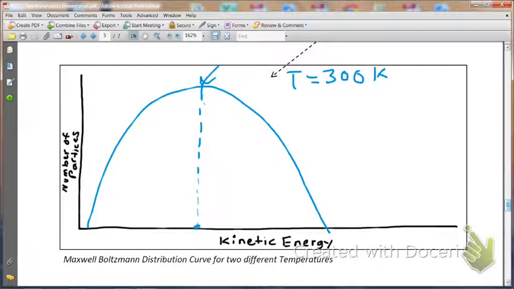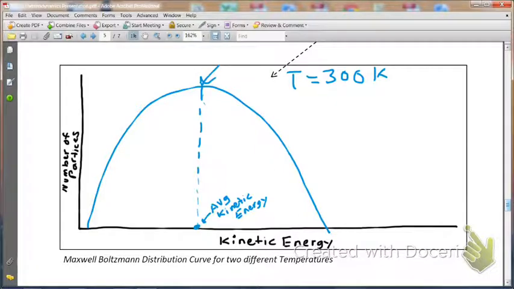And so this point here represents really the average kinetic energy of this system. All right, and so that's going to determine our temperature, which in this case represents 300 Kelvin.